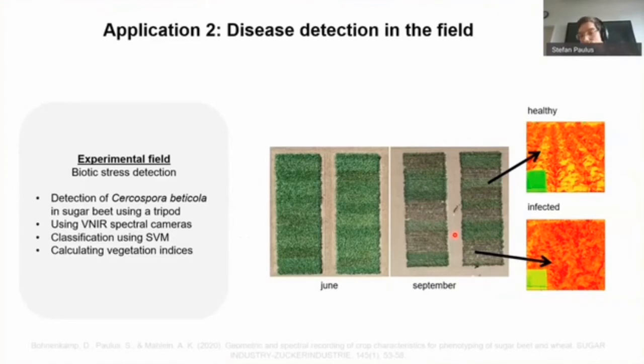You see on the right side, the healthy one is the upper one. And you see that the vegetation index looks completely different from the infected plot. And so this means you can use a simple vegetation index to differentiate between these two groups.